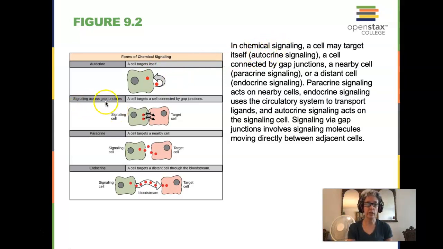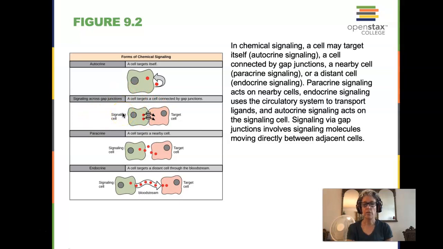In cell signaling across gap junctions, and these are gap junctions, those are in animal cells, this signaling cell is connected by gap junctions to the target cell. And so the green cell makes the signal, and that enters the red cell and causes some sort of effect. And that would be nearby cells, and that's across the gap junction.